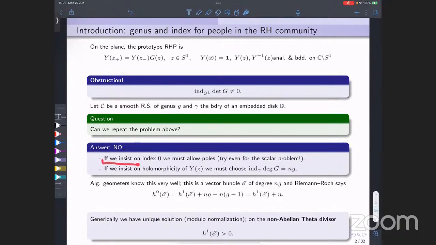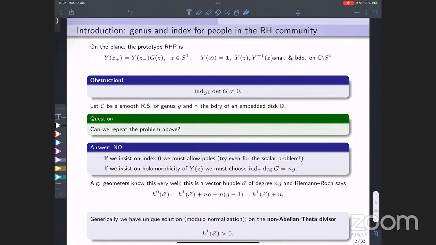Because if we insist on the determinant of the jump matrix having index 0, then you are forced to allow poles in the solution of your Riemann-Hilbert problem. You can even try, and it's a good exercise, for the scalar problem. The standard approach is to take a logarithm, then you start doing some gymnastics with Sokhotski-Plemelj.